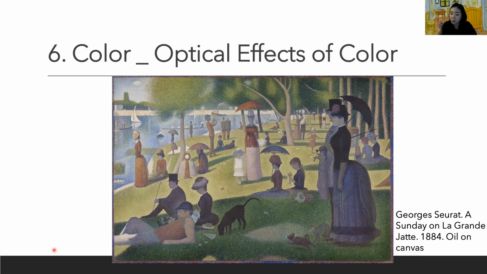And all the colors in this painting are made by optical color mixture, which means the green color is made by a mixture of other colors, for example, yellow and blue. And that technique is called pointillism. Georges Seurat developed this technique in the modern era, the 19th century, as a post-impressionist.